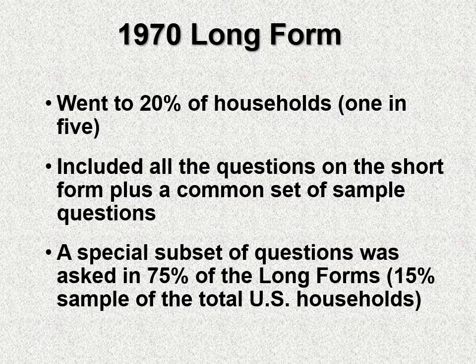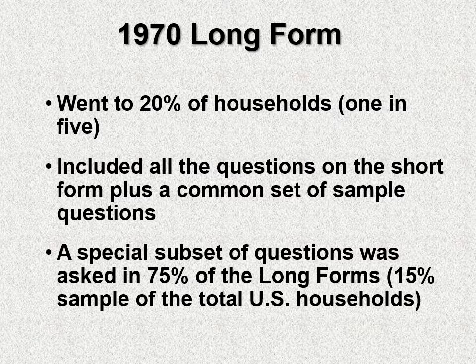Now, remember that for the conventional people, the 40% of the U.S. that didn't have mail-out-mail-back forms, they got the short form in the mail. And then when the enumerator came, the enumerator in 1 out of 5 households sampled them. So the long form includes all the questions on the short form. Remember, this is for large cities, plus a common set of sample questions.